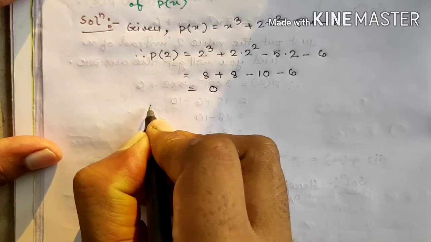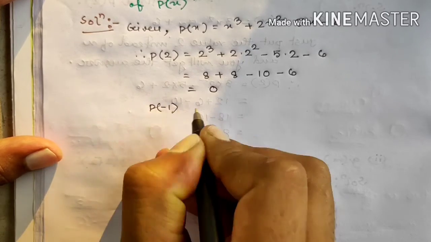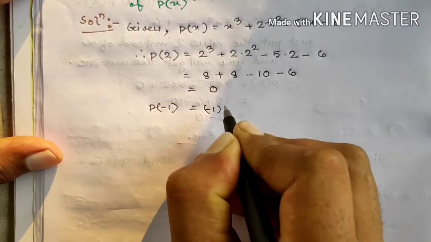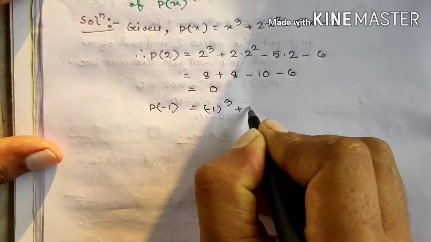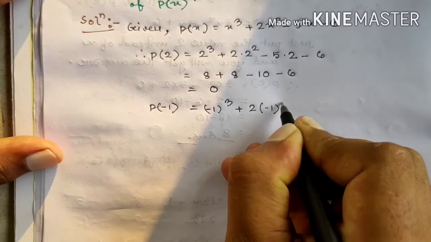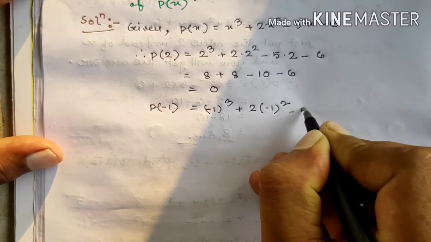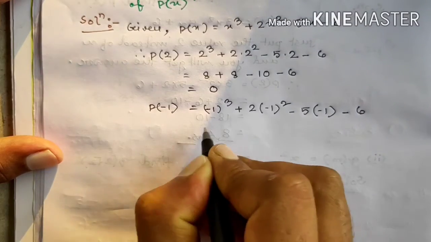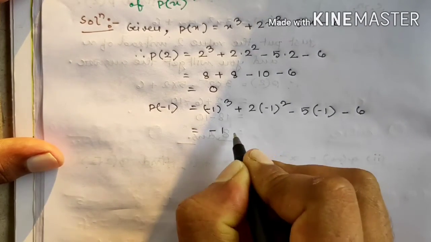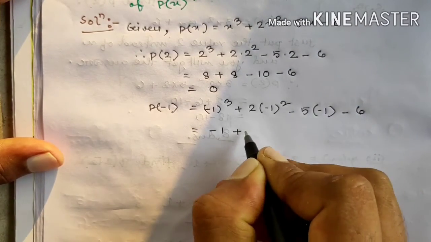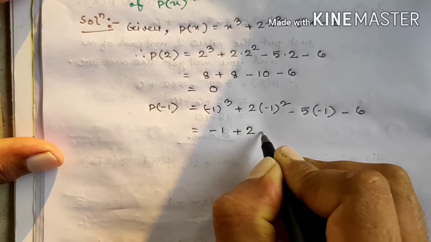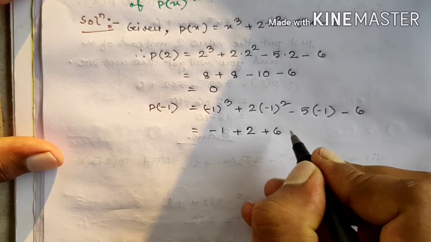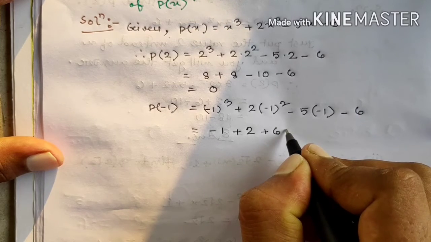For p of minus 1, minus 1 whole cube plus 2 into minus 1 whole square minus 5 into minus 1 minus 6, minus 1 plus 2 plus 5 minus 6 equal to 0.